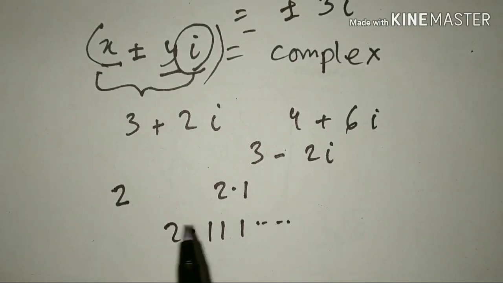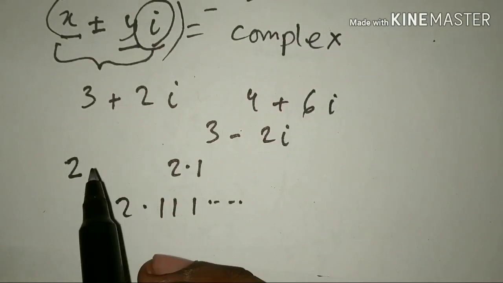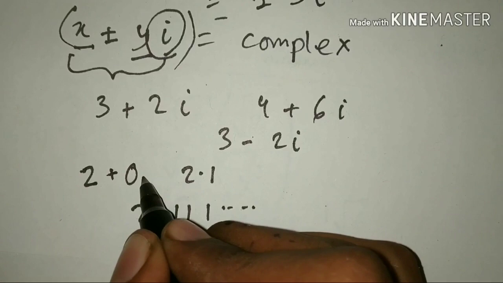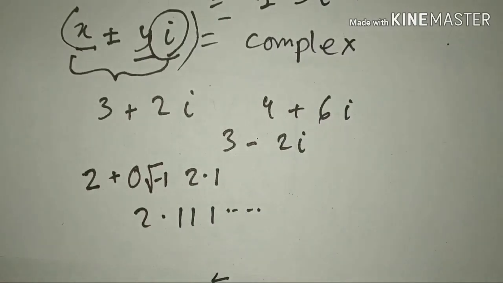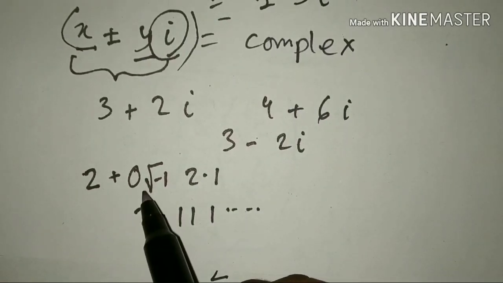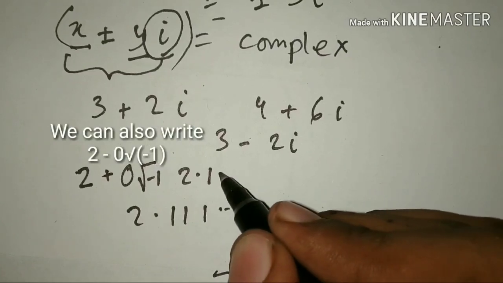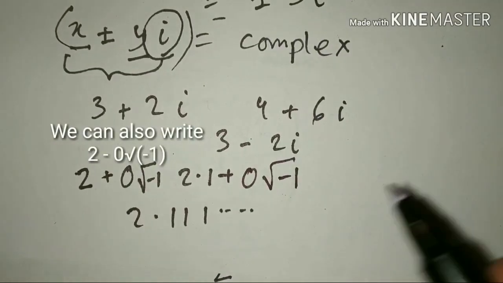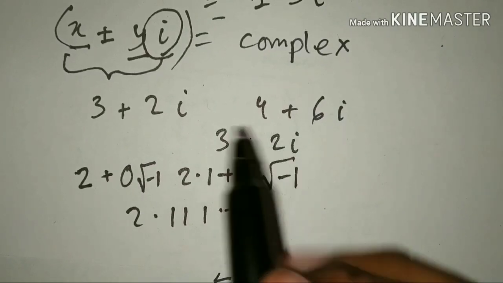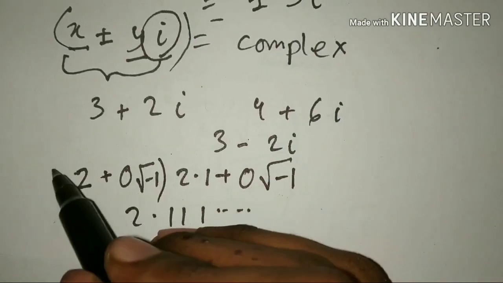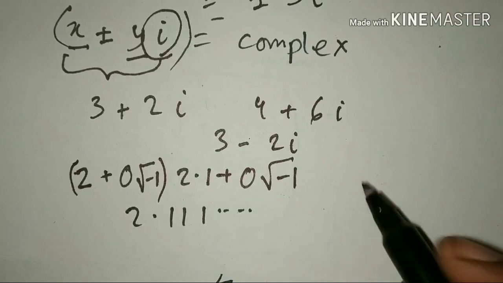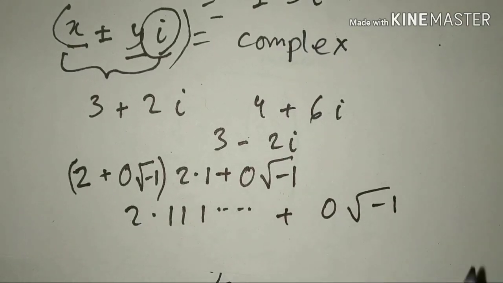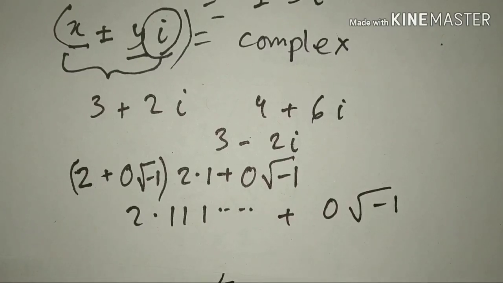All these numbers are complex numbers. Like 2, we can write 2 as 2 plus 0 into square root of minus 1, then it becomes a complex number. We can write 2.1 as 2.1 plus 0 into square root of minus 1, so it becomes a complex number. And this also we can write as 0 into root of minus 1, then this becomes a complex number.